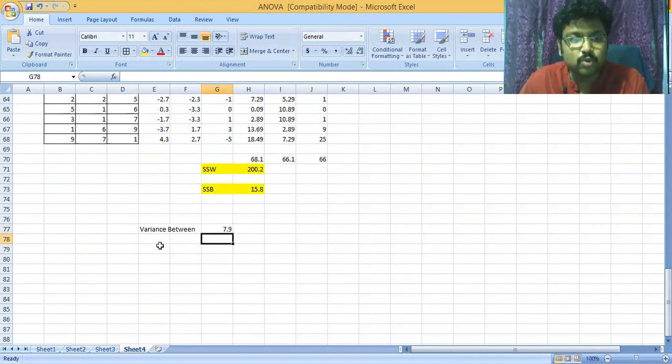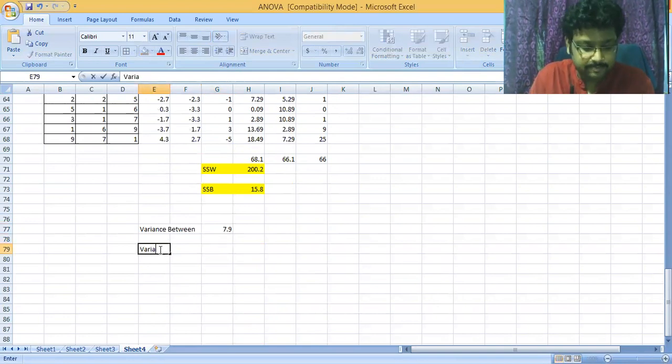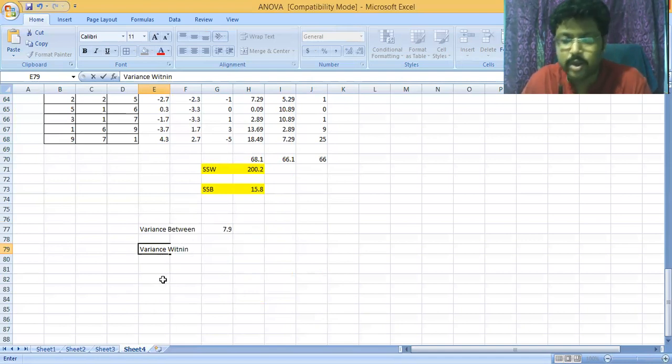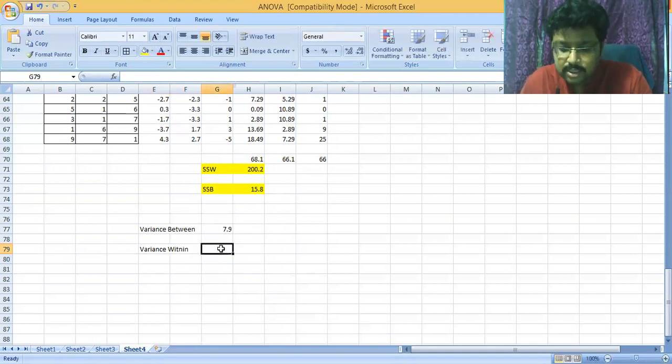Now the variance within. Variance within is also called the mean square within, and how can it be calculated?